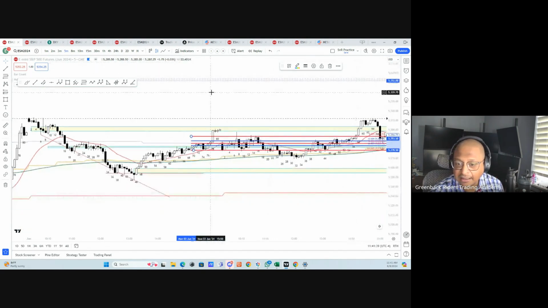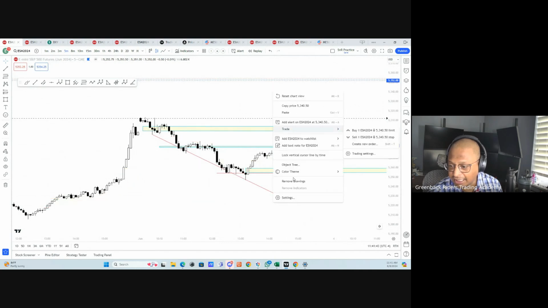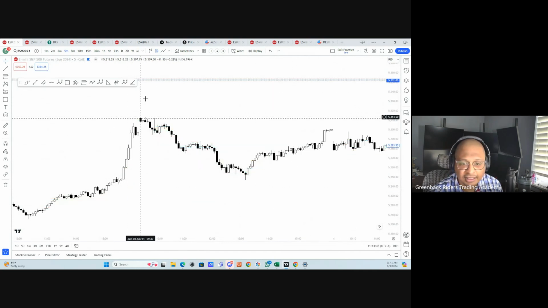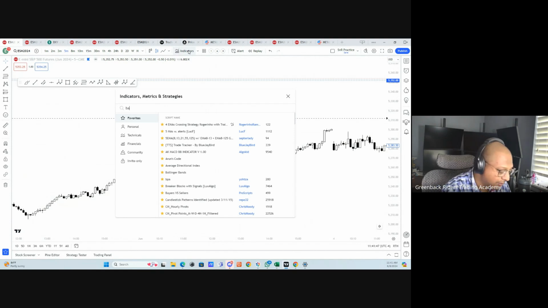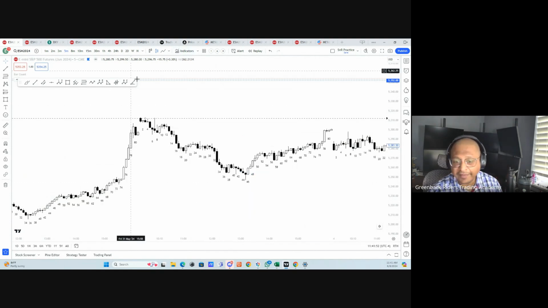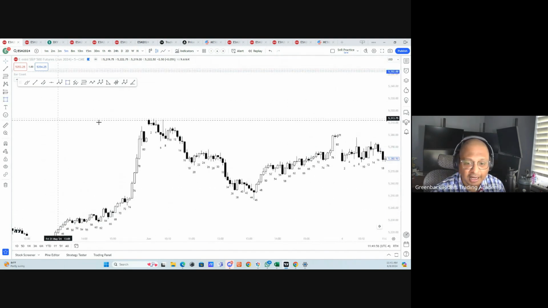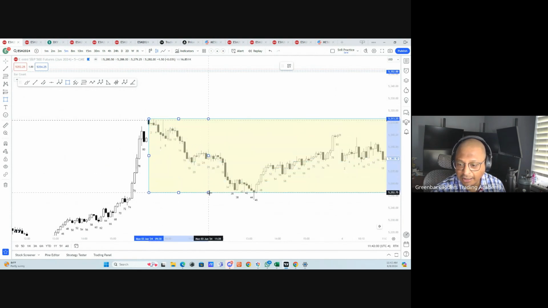More than that, what I learned from Al Brooks is, if I remove everything and I bring back my bar count, you have 81 bars in a day, right? So among these 81 bars, divide your day into three parts, from 1 to 27.